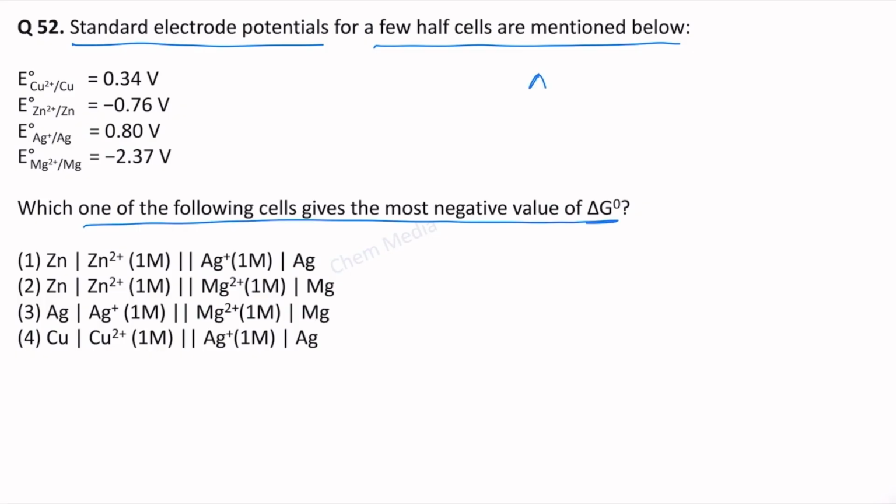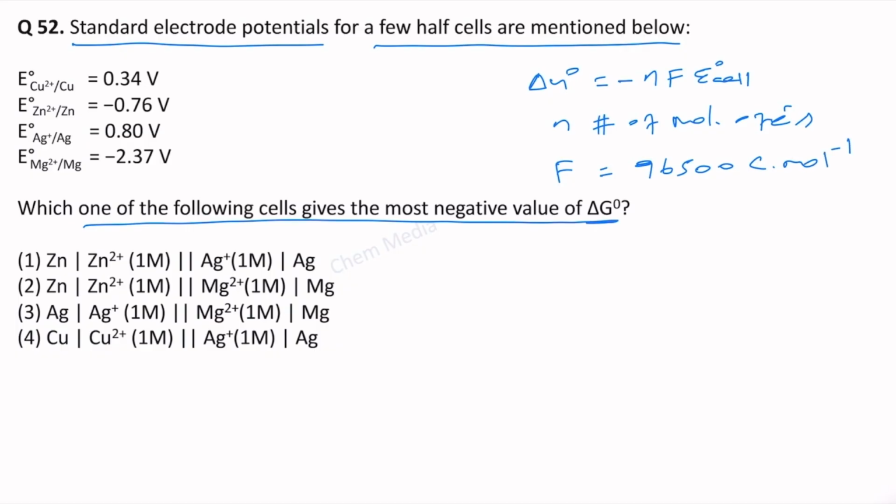We know that delta G naught is equal to minus nFE cell standard, where n is the number of moles of electrons and F is the Faraday constant, which is 96,500 coulomb per mole, and E standard of the cell is equal to E standard of the cathode, that is the reduction potential, minus E standard of the anode, that is also reduction potential.